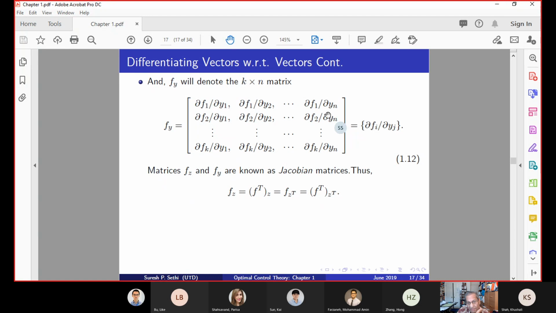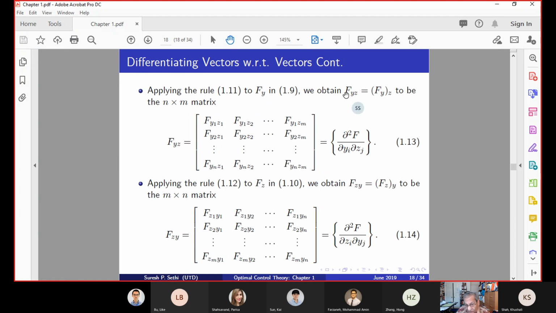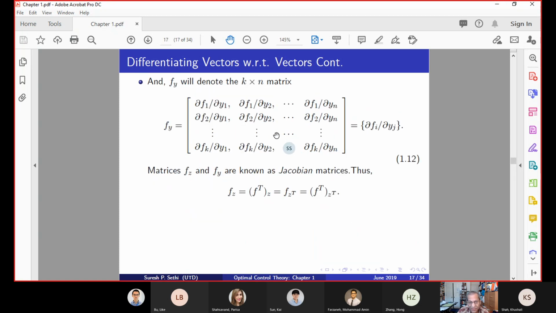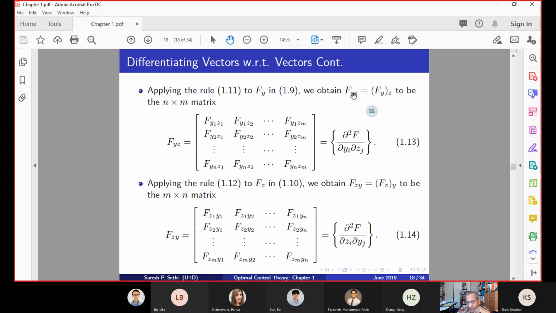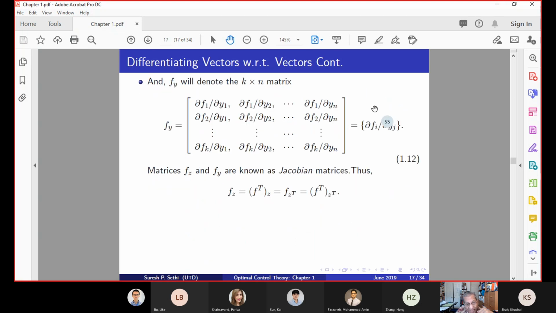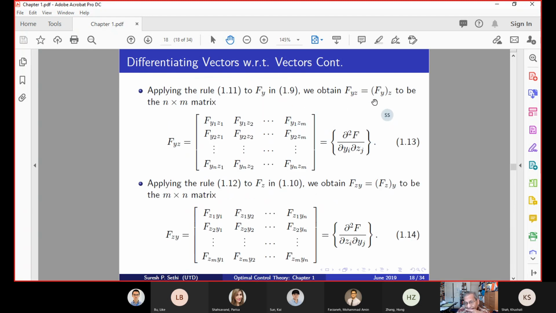If I take f of y, z, which is the same as f sub y of z, but f sub y is a gradient, so the derivative with respect to z of f sub y is going to be this matrix. I can follow the same rule: I apply the previous slide's rule to f sub y, because f sub y is this kind of function. So I apply it to this and take the derivative with respect to z. I call this fyz. So you have this matrix.